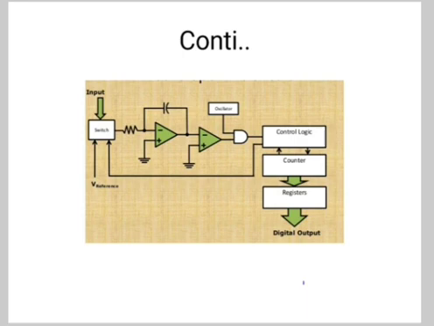When it receives the start command signal, control logic pushes the switch SW to connect to the external analog input voltage Vi. This input voltage is applied to an integrator. The output of the integrator is connected to one of the two inputs of the comparator and the other input of the comparator is connected to ground. The comparator compares the output of the integrator with 0 volt and produces an output which is applied to control logic.